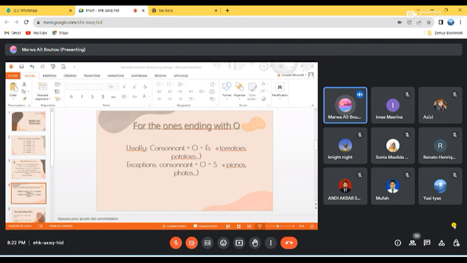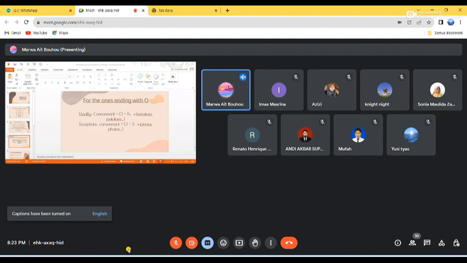So I can say that there is no rule that you can follow to remember if you have to add ES or S, but you can remember it by practicing the language or the words. But mostly, I can say that this exception is related to words that are taken from other languages, that are not originally English.